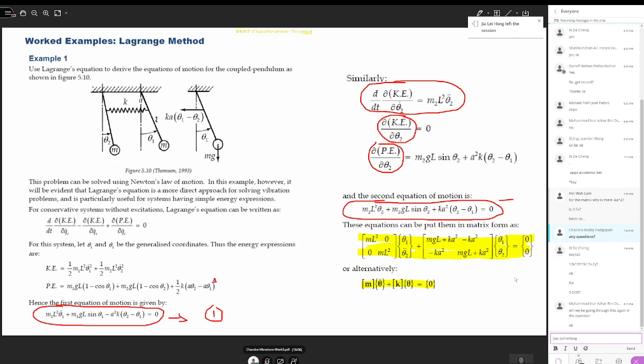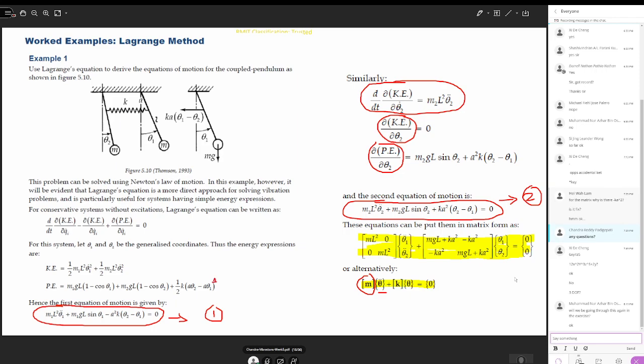So combining these two equations, you can write in the matrix format: a mass matrix multiplied by the angular acceleration matrix. Here the mass matrix will have the value ml square, so your mass matrix will have ml square 0 and 0 ml square.